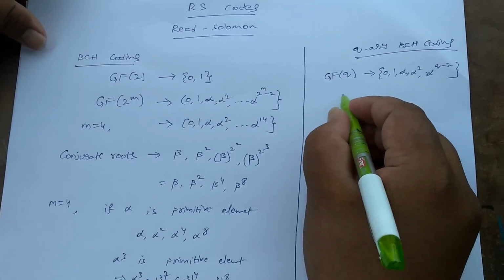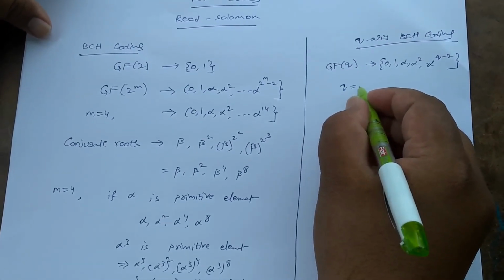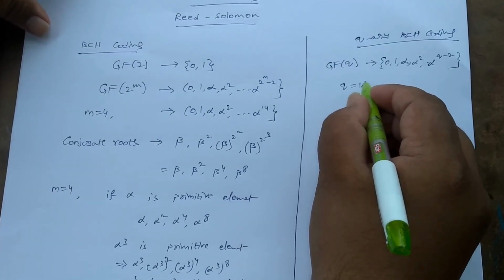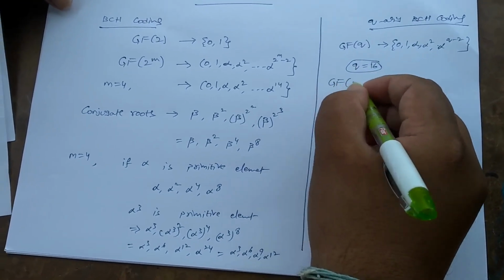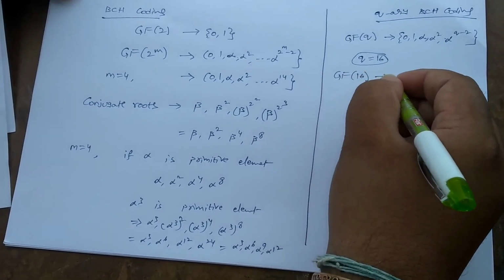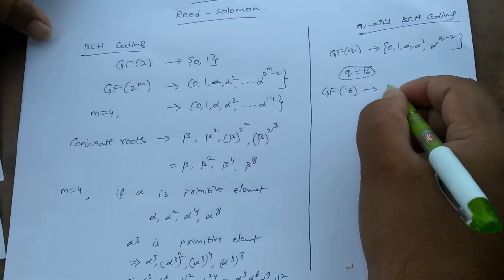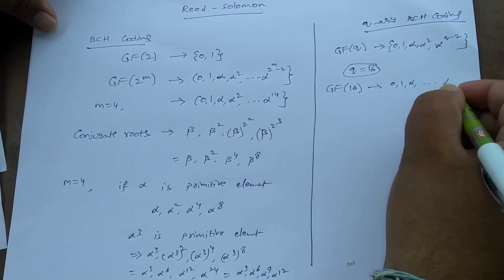For example, assuming q is equal to 16, then Galois field of 16 directly. Now the base is 16, and the elements are 0, 1, alpha, up to alpha power 14.